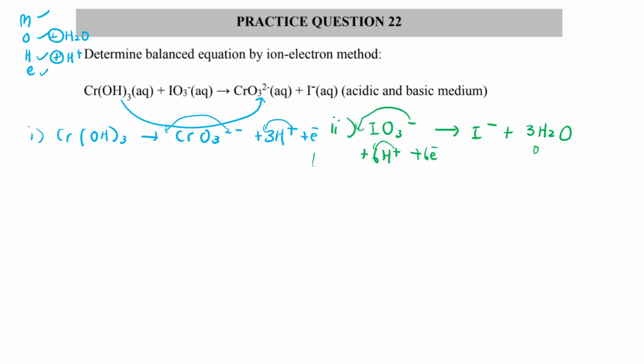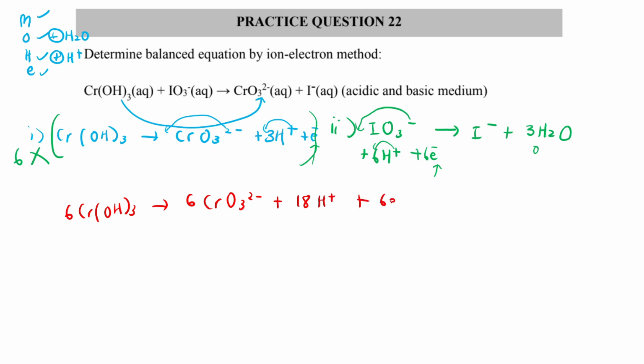This one 1 electron, this one 6 electron, so the first half equation we need to times by 6. Totaling these two half equations, we have 6 Cr(OH)3 produce 6 CrO4 2 minus plus 18 H plus plus 6 electron.